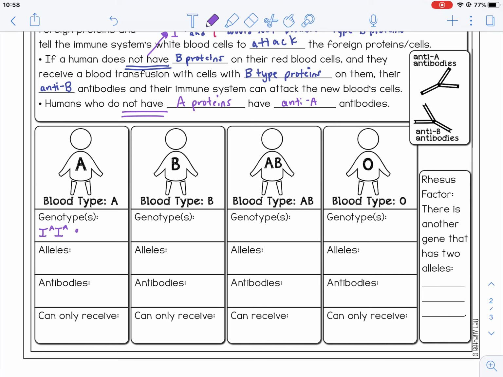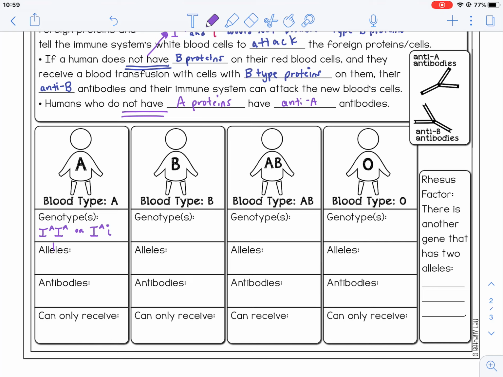But we also know that type A is dominant over type O. So if a person has one IA and one little i, then they're going to have type A blood because the type A is dominant over the type O.